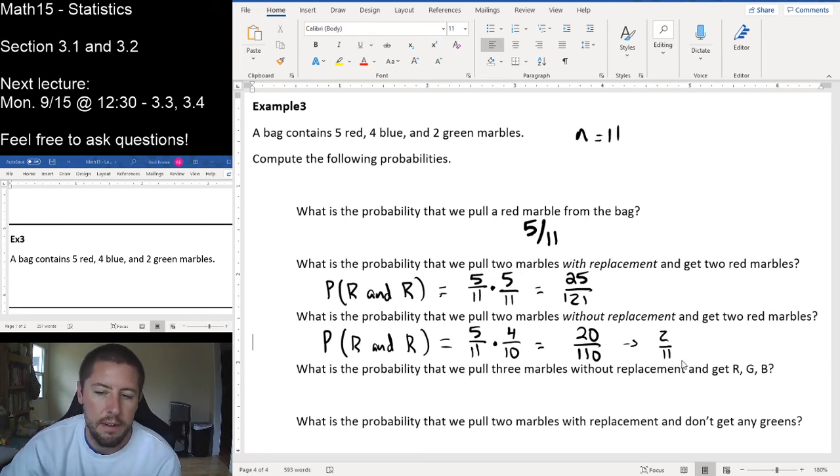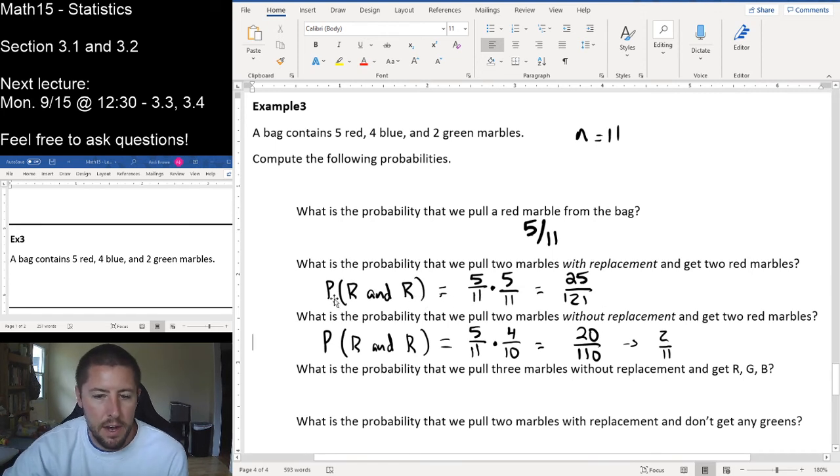But notice the difference here. In the first example, these events were independent of each other. The second probabilities had no influence from the first probabilities. On the other hand, in the second one, the probability of our second event was fully dependent on what happened in the first event.